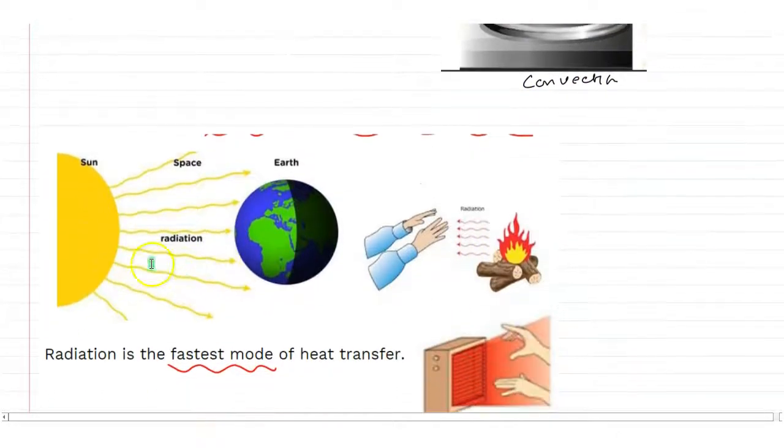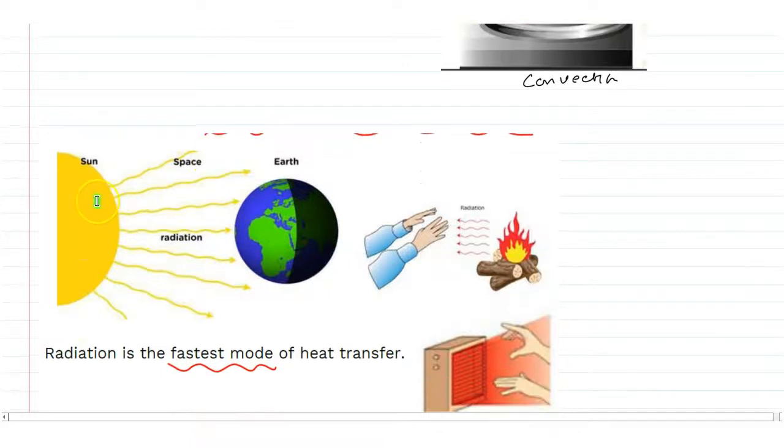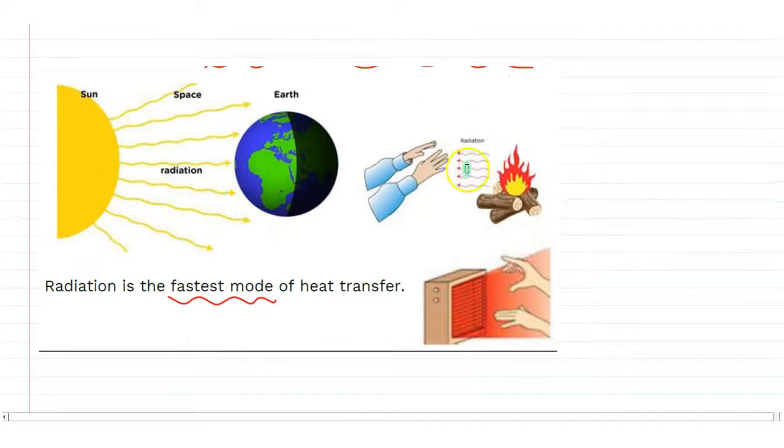The sun's energy coming from the sun to the earth is in the process of radiation. No medium is there between them. Also, in winter, we take heat energy from burning wood or anything, and this radiated heat comes to our body.